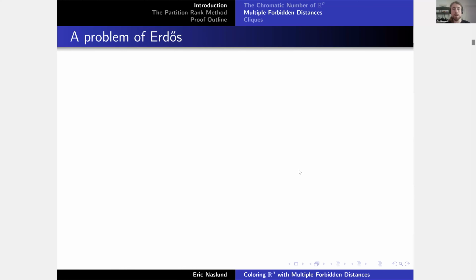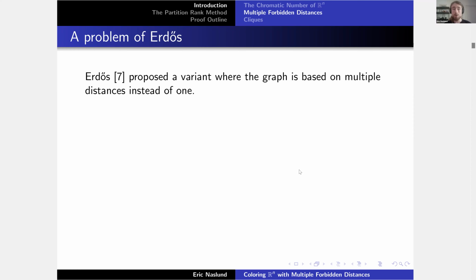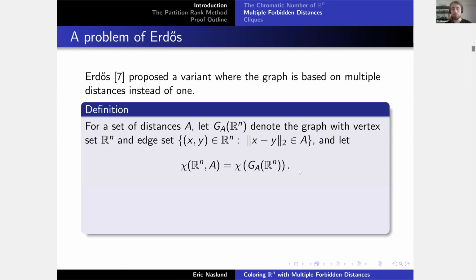Okay, so Erdős had asked a related question, which is, what if you have multiple distances instead of just one distance? We can define a graph, G sub A of Rn, where the vertex set is still Rn, and the edge set is given by points whose distance belongs to some set of distances that we've set up in advance.